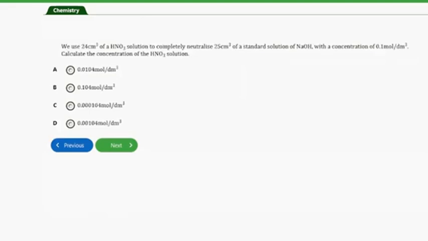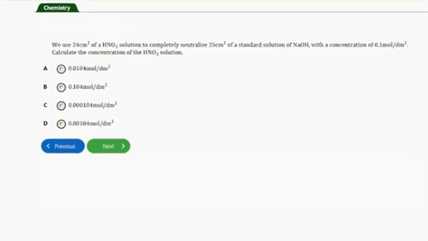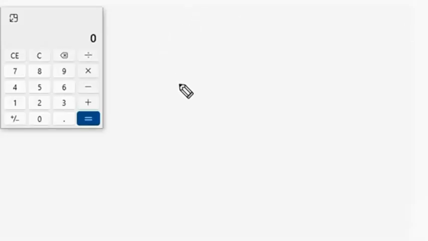We use 24 cm cube of a nitric acid solution to completely neutralize 25 cm cube of a standard solution of sodium hydroxide with a concentration of 0.1 mole per dm cube. Calculate the concentration of the nitric acid solution. So guys, for this, as always, we can use the formula C1V1 is equal to C2V2.